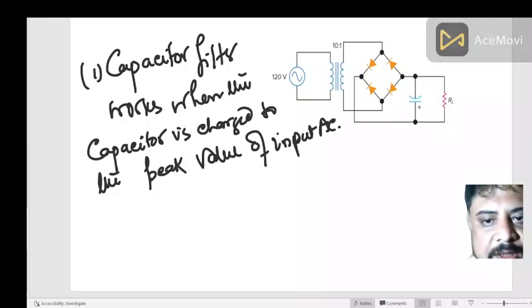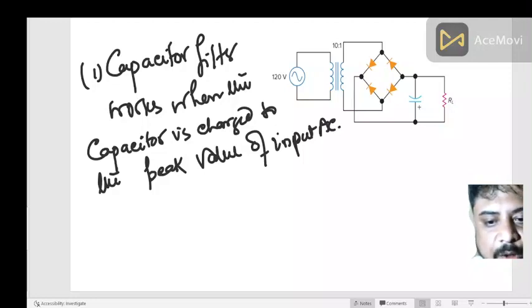Now if we come to the polarity, you can see that the plus lead is at the bottom. In most capacitor filters, the capacitors are electrolytic type. As I told you, for rectification, electrolytic capacitors are used. Now, if the polarity is such that the plus one is above or on the backward side, it can cause explosion.